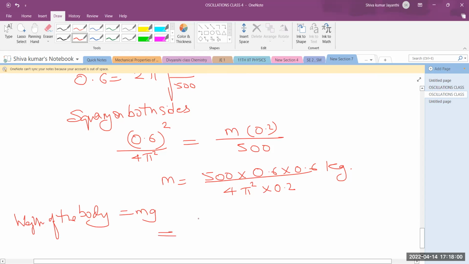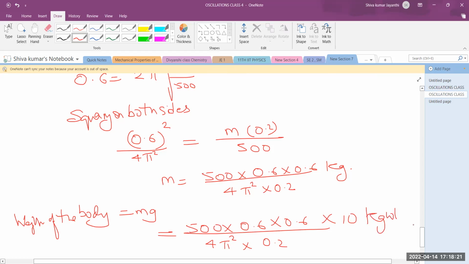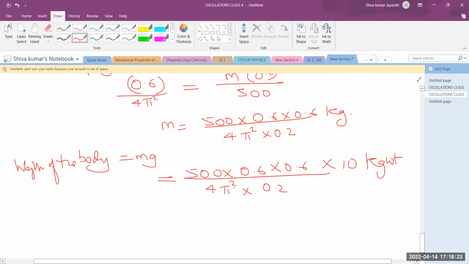This is mass, no? Multiply this by 10. Then you will get the weight. Understood that? This multiplication I am not doing. You can do it in a calculator. So it's very simple.